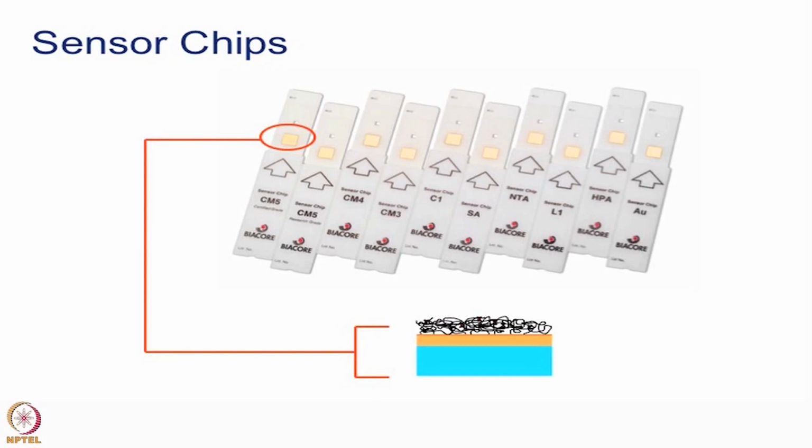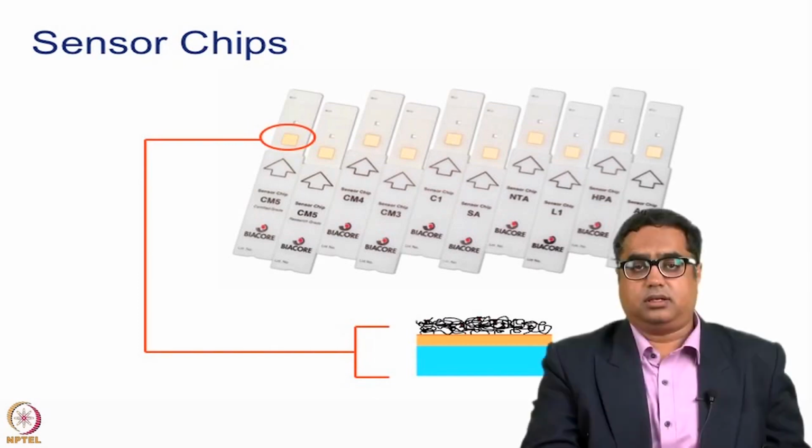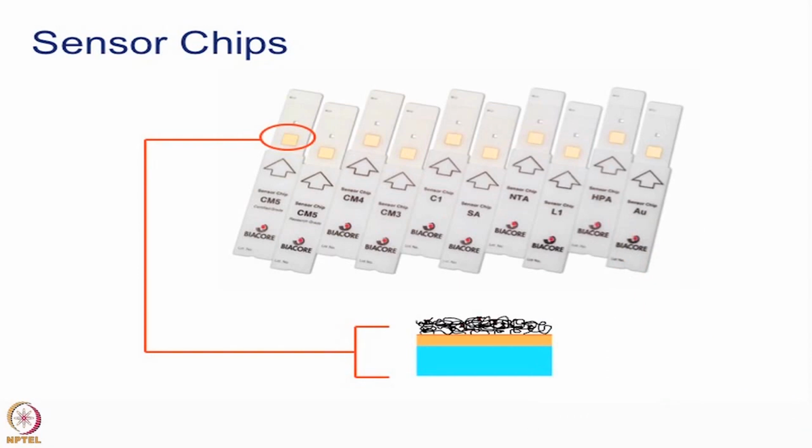Each of these chips has a place for an adapter, and this adapter holds the gold. That gold is where the immobilization happens, and the adapter pushes the gold surface into the SPR system.